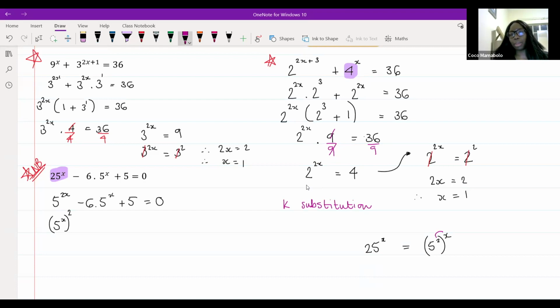Then I can multiply them in. So I end up with 5 to the power of 2x. Okay, now what I'm doing, instead of doing it this way, I'm doing it in the opposite direction. So when I have 25 to the power of x, I'm just going 5 to the power of x to the power of 2, because it's going to give me the exact same answer. I'm going to take 2 times x, and that's still going to give me 5 to the power of 2x. Are you okay with that?